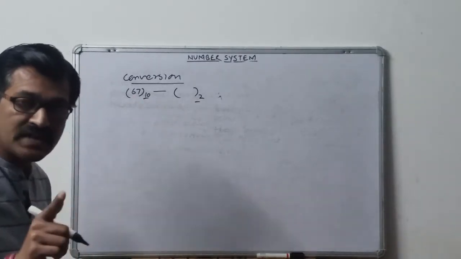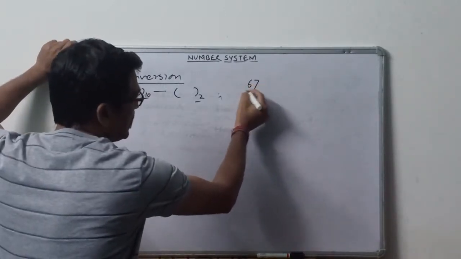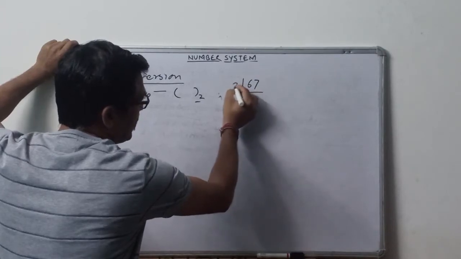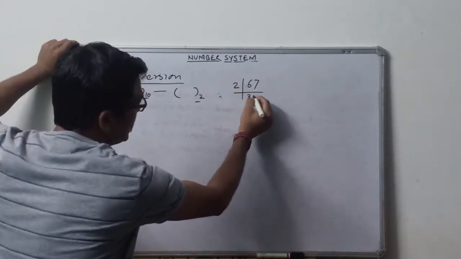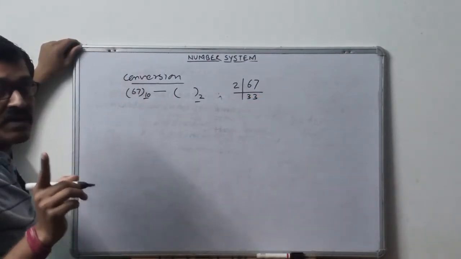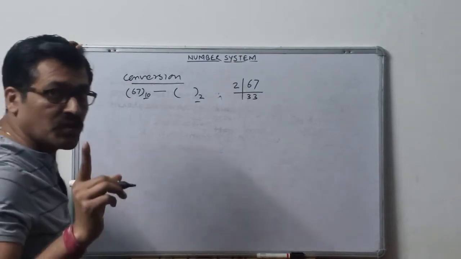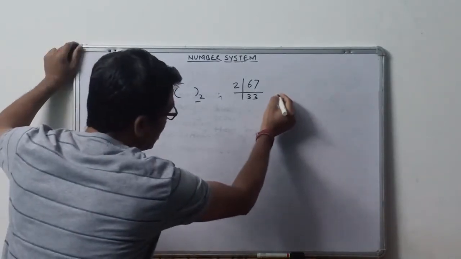The method I told you, that is divide by base. What we will do simply, 67 will be divided by 2. It is 2 3s are 6, 2 3s are 6. The remainder is 1. The most important thing is the remainder. So we will write the remainder of each division here at the right side.